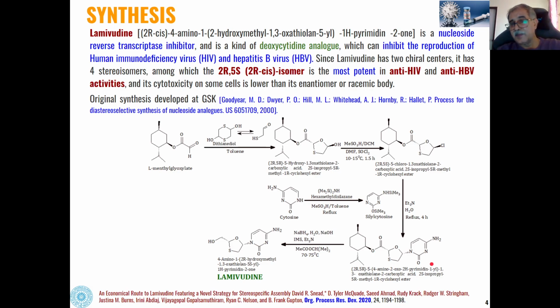And then when this derivative is reduced with sodium borohydride in aqueous medium in the presence of sodium hydroxide, basically what will happen first is this ester will be converted into a CH2 group, and then hydrolysis of this will take place and the corresponding alcohol will be formed. So this is how we can synthesize lamivudine from L-methyl glyoxylate.